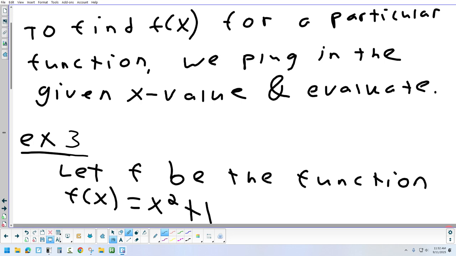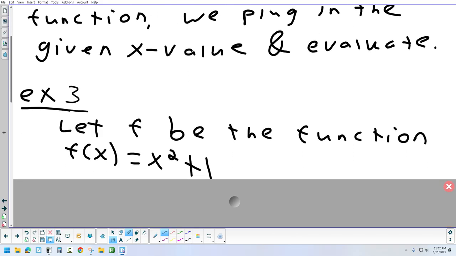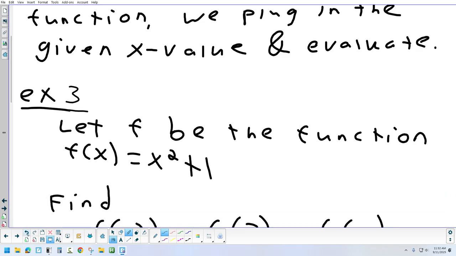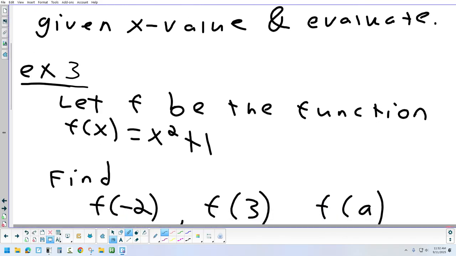Okay, so let's take the formula x squared plus 1. In the formula x squared plus 1, I'm going to find 3 different things: f of negative 2, f of 3, and f of a.